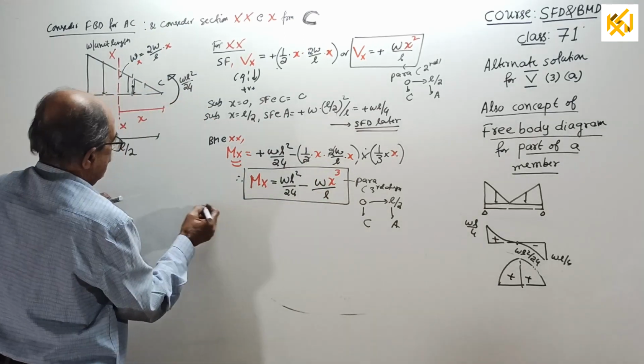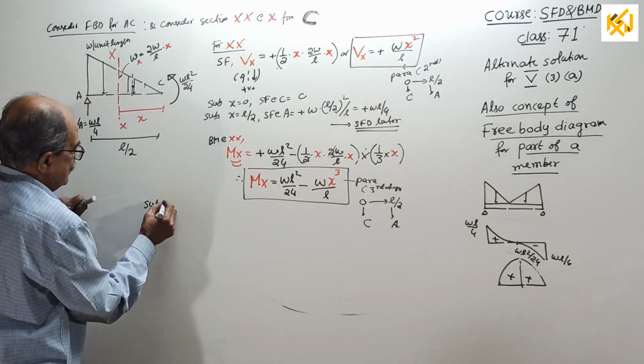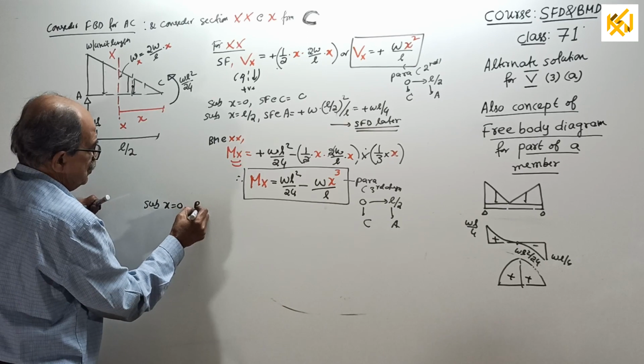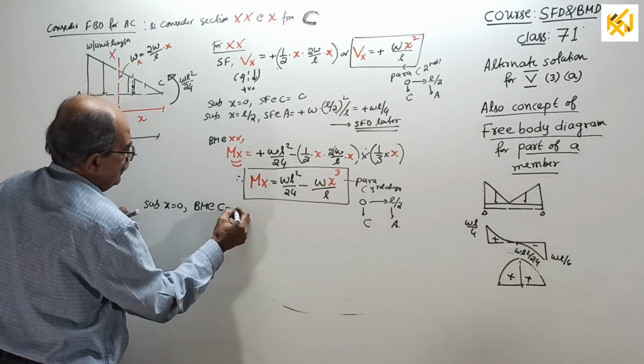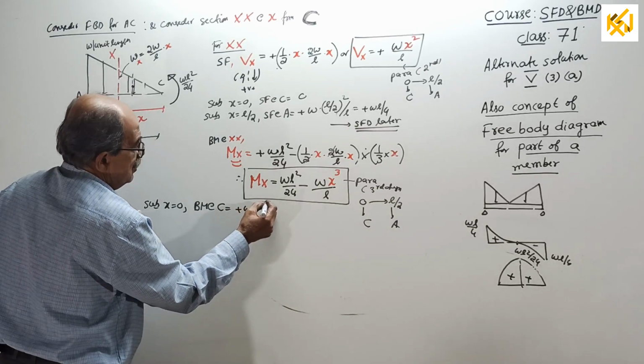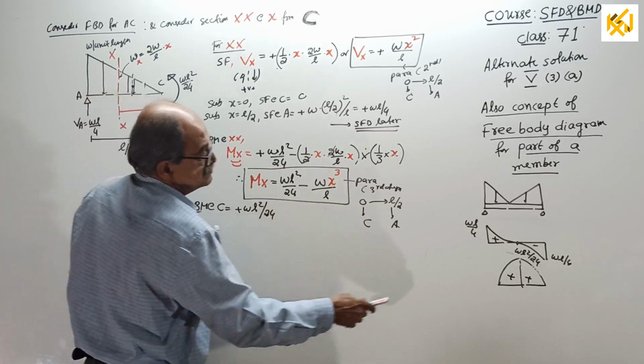Now start. Substitute X equal to 0, you get BM at C. When you put 0, directly plus WL square by 24.